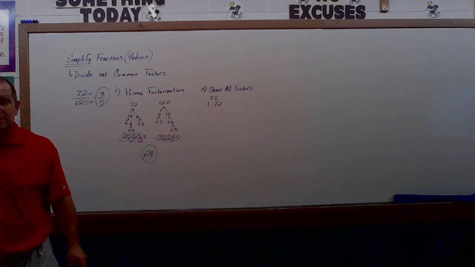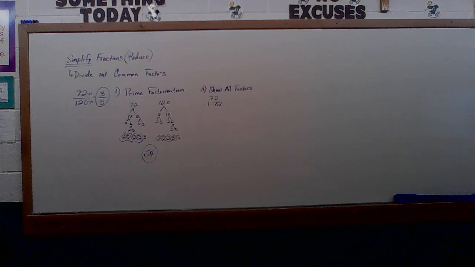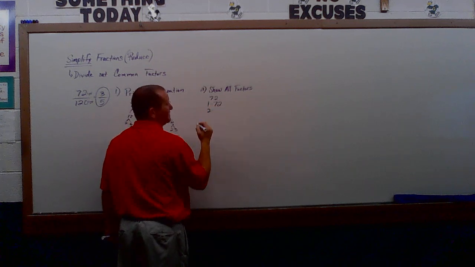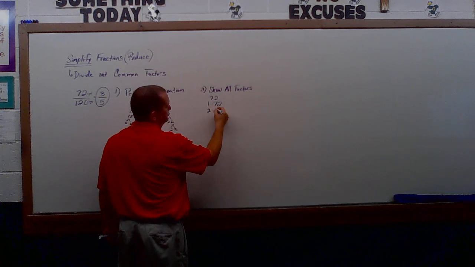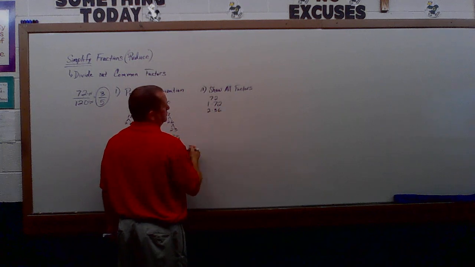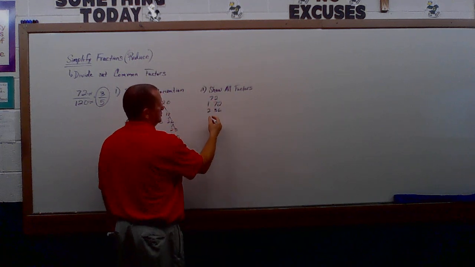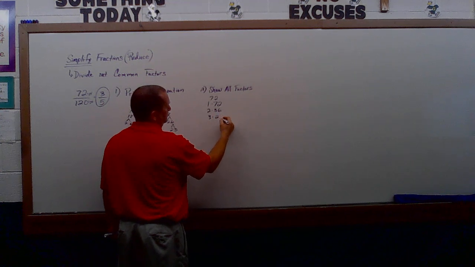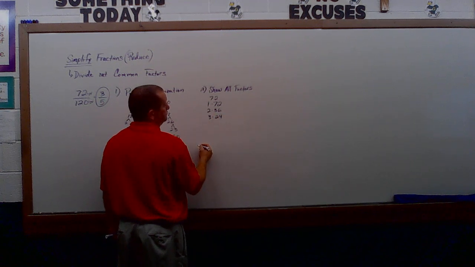You got to show that 1 times 72, or 1 times whatever the number is, as a part of your answers. Okay? 2 times, does it work, 2? Obviously, because it's even. 2 times 36. Does 3 work? Add them up, right? So 9, so 3 works. 3 times 24. 4.